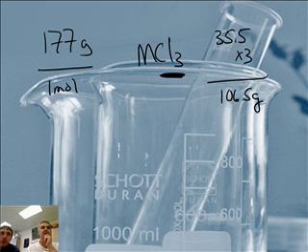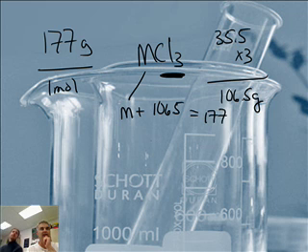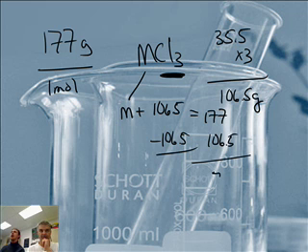So if this consists of some metal M plus 106.5, and that adds up to 177, we subtract 106.5 from both sides and get 70.5. 70.5 is the molar mass, the grams in 1 mole of the metal.